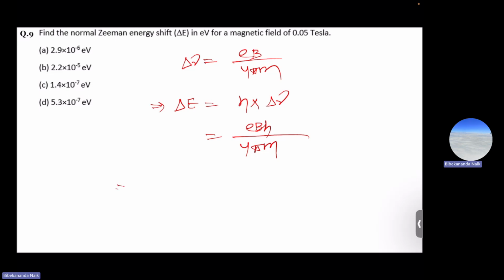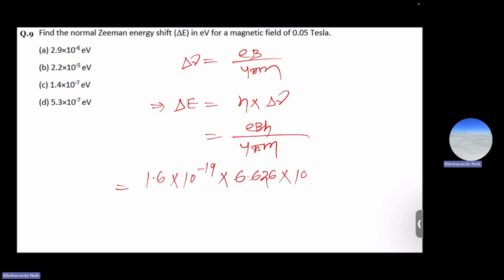So if we put in the values, e is 1.6 into 10 to the power minus 19, B is 0.05 Tesla, and h is 6.626 into 10 to the power minus 34.